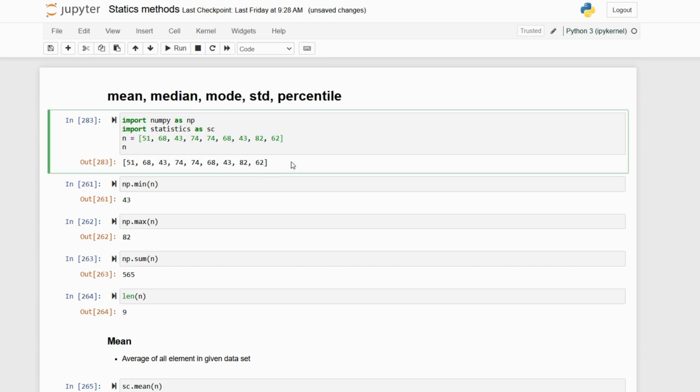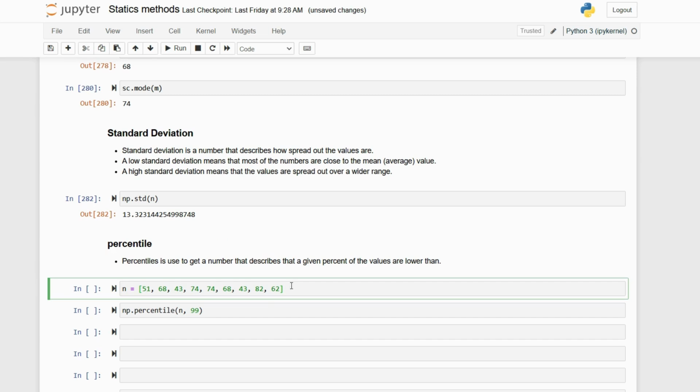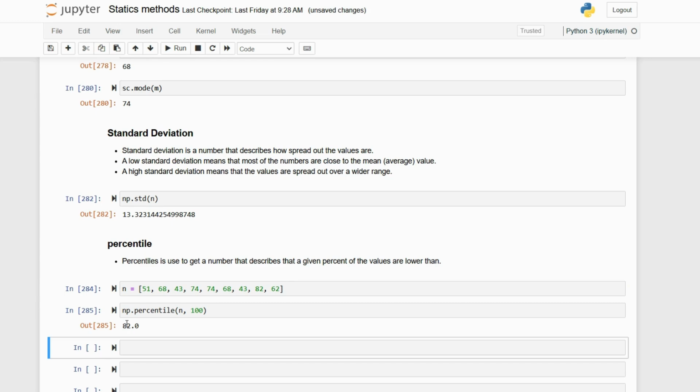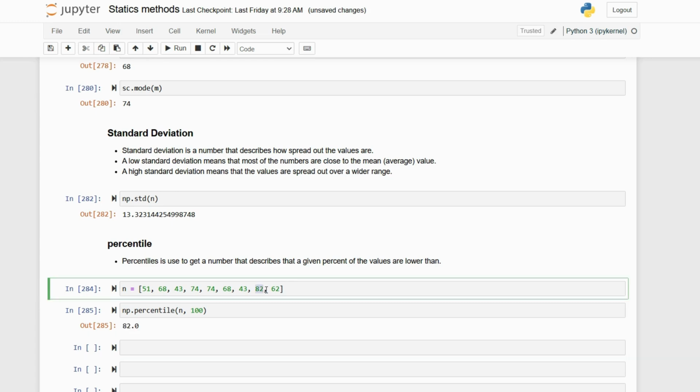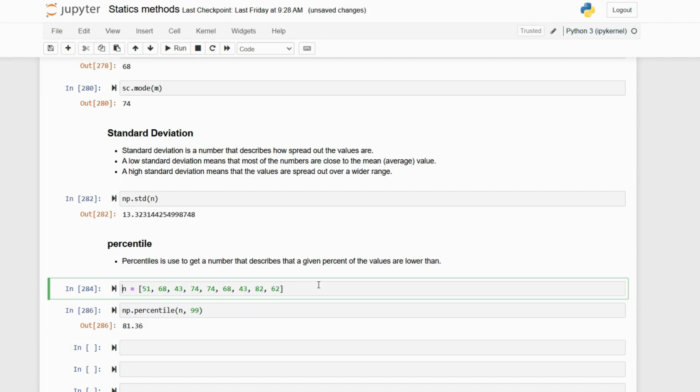If we ask what the 100th percentile of this data set is, 82 is the highest marks. Now if I say the 99th percentile, it's 81.36, so we can say that 99% of the students are below this value. The 100th percentile is 82, which means the highest value is 82.